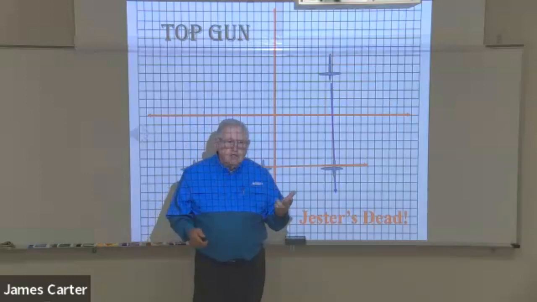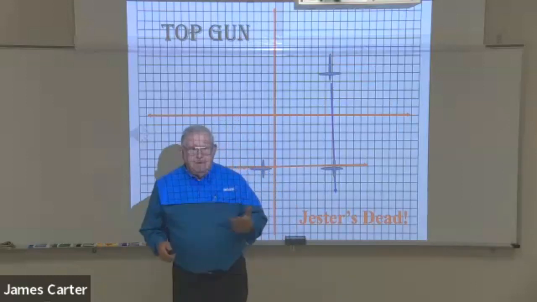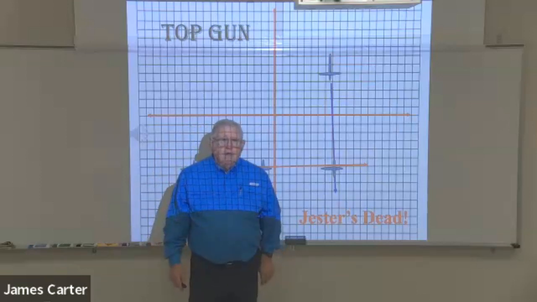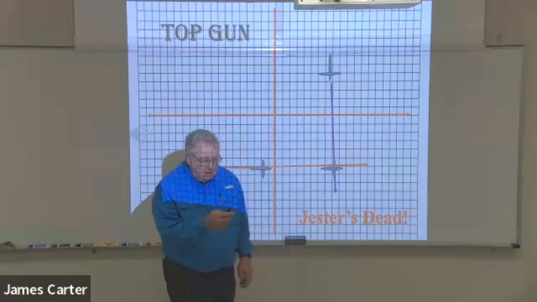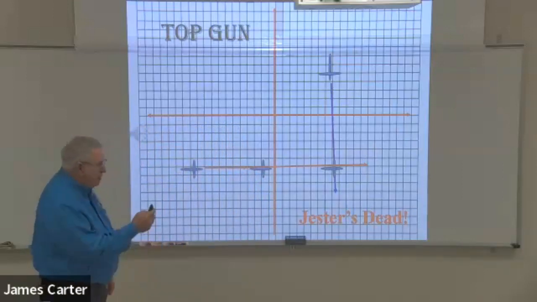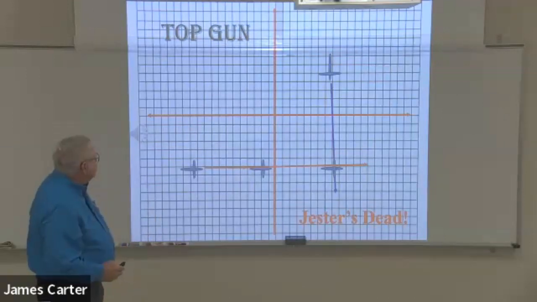Now, it's my intention to cover the elimination method before the substitution, which is a slight departure from what it says on the pacing guide. I believe it's a little easier to do substitution after you've done elimination first.